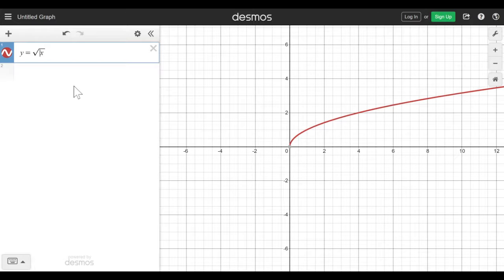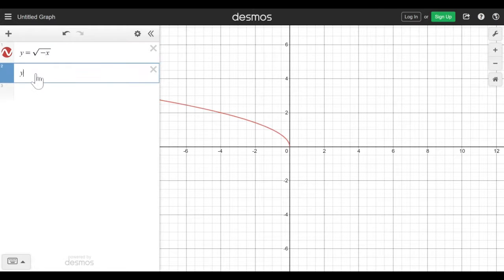What if you have a negative here inside? That would be on the other side, and the original form would be just square root of x.